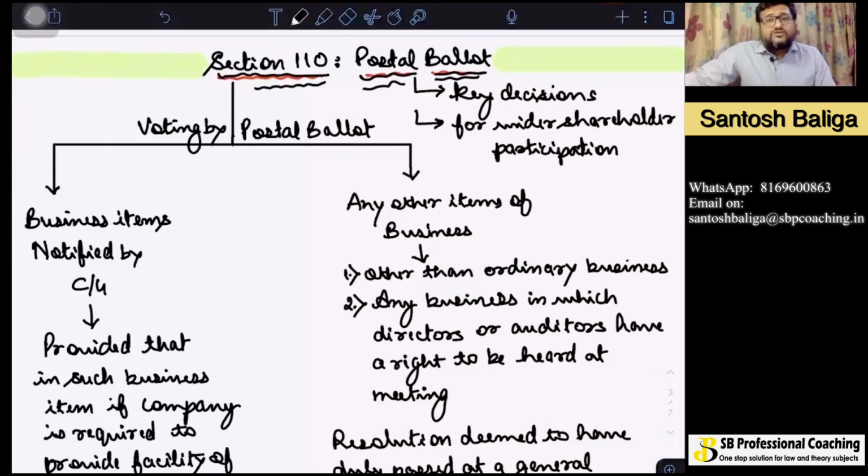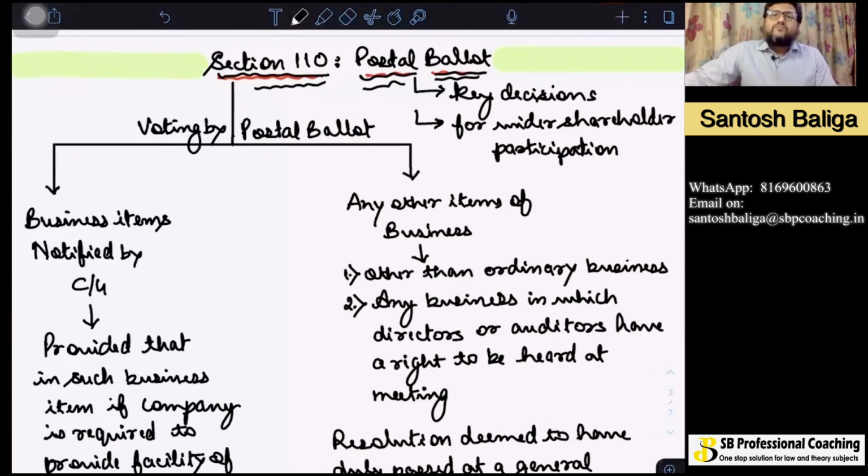Next, postal ballot is a method where the company would send a notice of the resolution to be passed to the shareholders through an envelope in which, along with the notice, the shareholders have to reply in writing whether they assent or dissent to the proposed resolution.